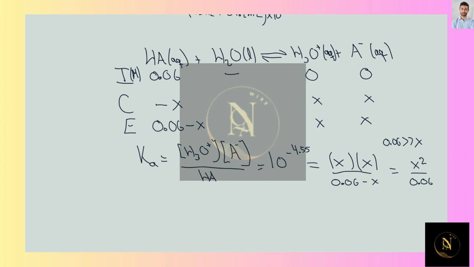With this, solving for x is the same as taking the square root of the Ka times 0.06, which is going to give us 1.3 times 10 to the minus 3 molar.